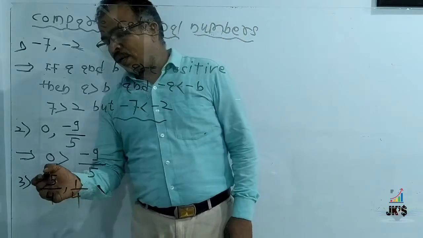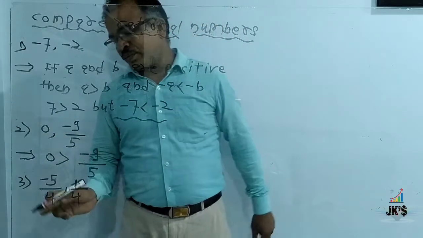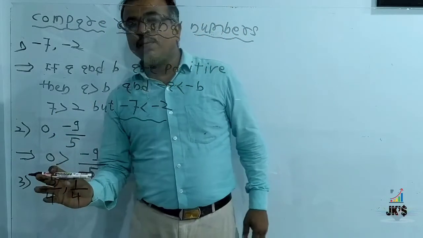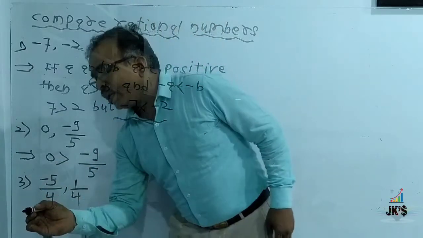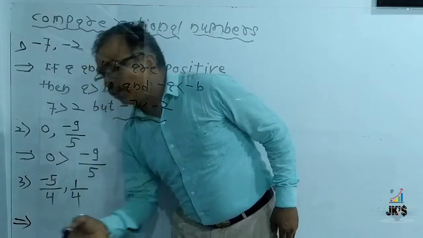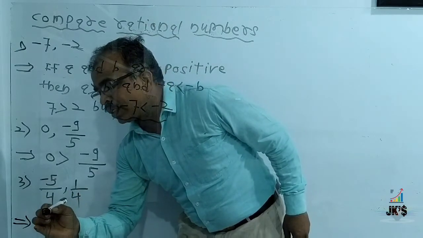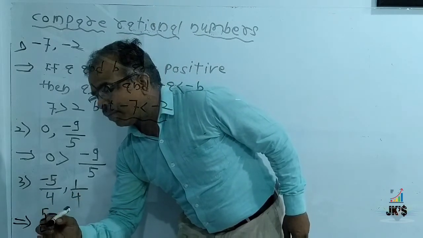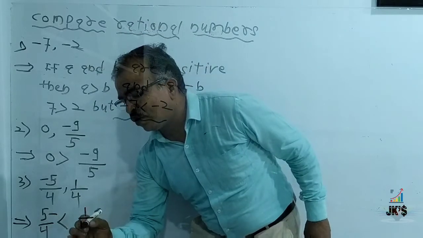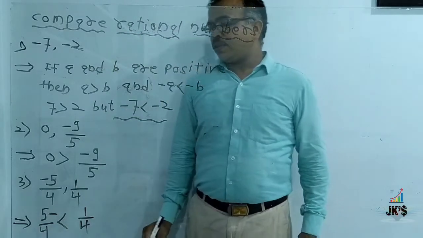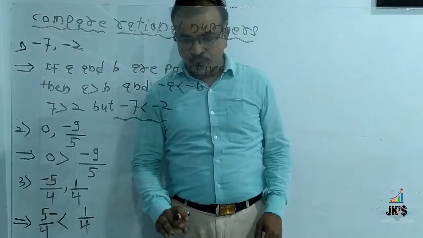Minus 5 upon 4 is negative and 1 by 4 is positive, hence the positive number is greater than the negative. So minus 5 upon 4 is less than 1 upon 4.